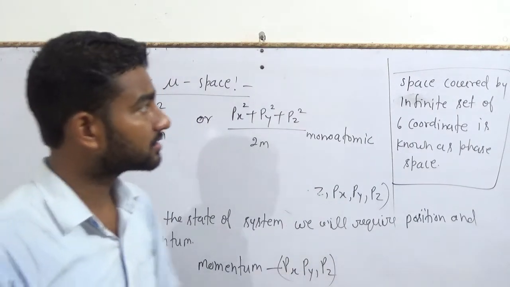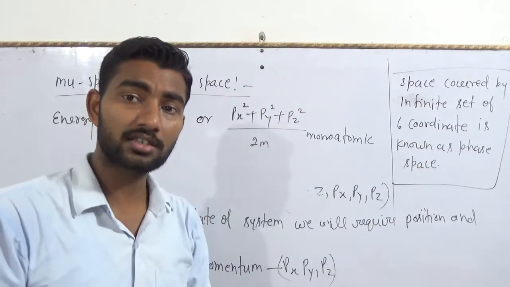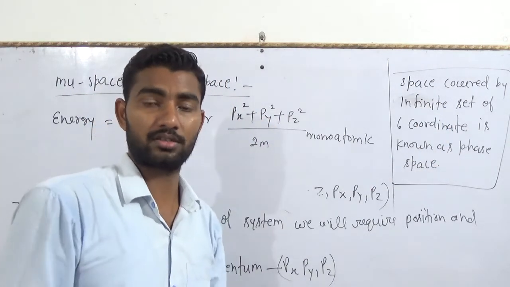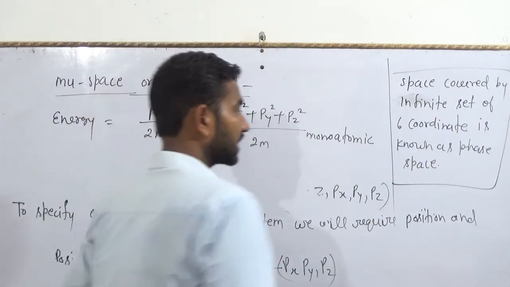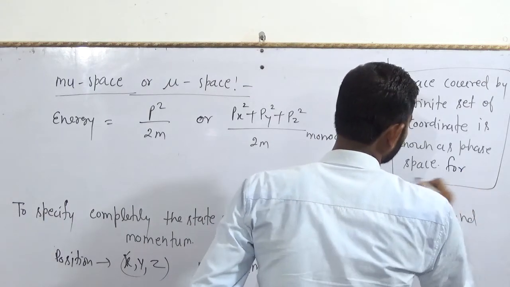Remember please, the space covered by the infinite set of 6 coordinates is known as phase space only in the case of a monoatomic system.